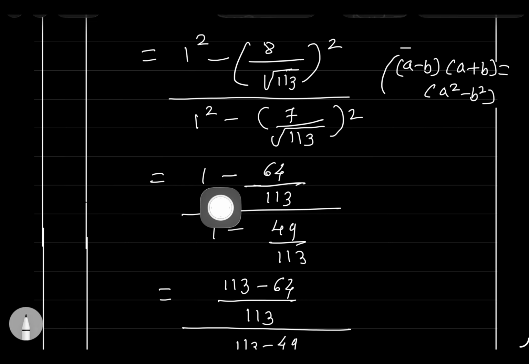Now we have to subtract, making the denominator the same.